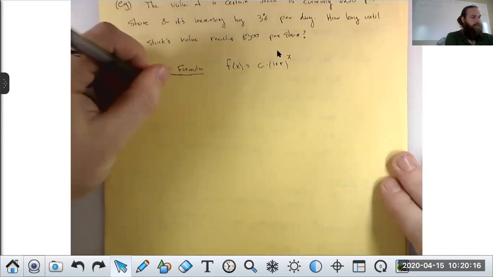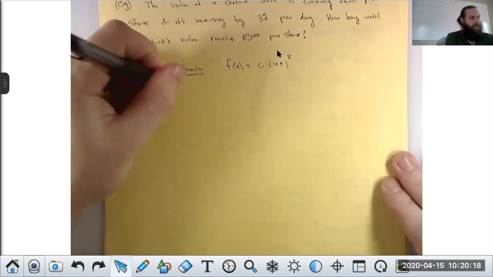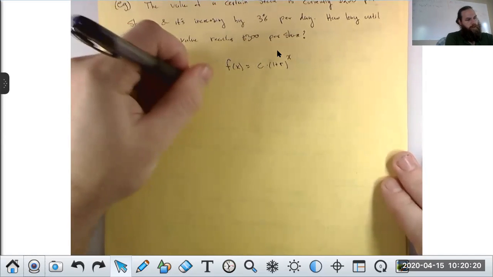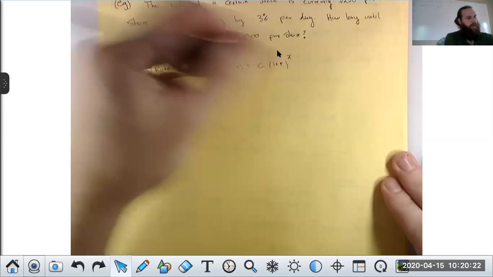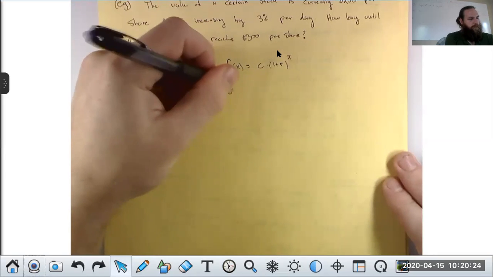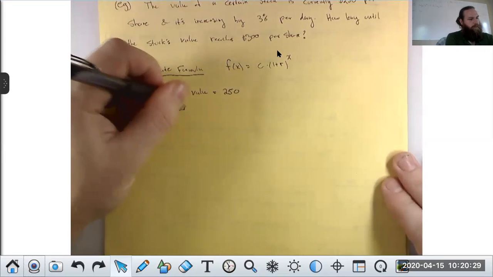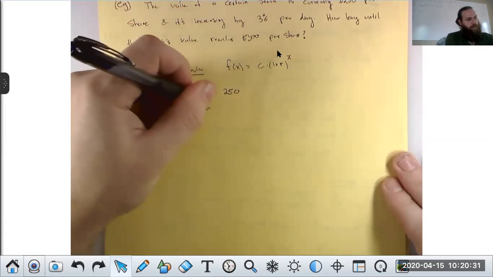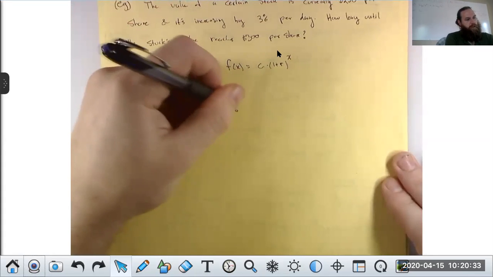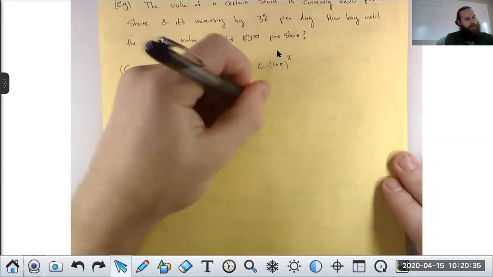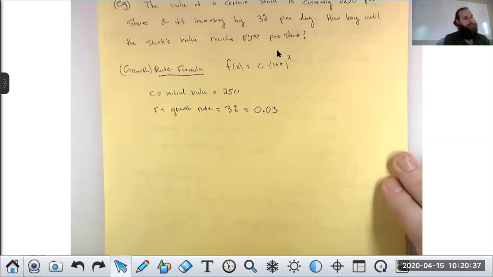Here, c is the initial value. So right now, the value of the stock is $250 per share. So c is 250, and r is my growth rate. 3%, and 3% as a decimal is 0.03.